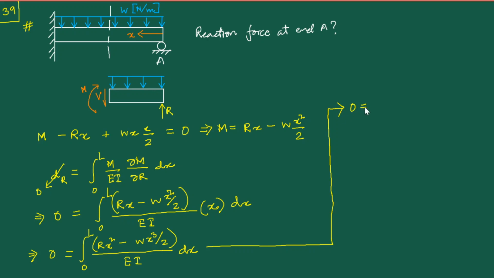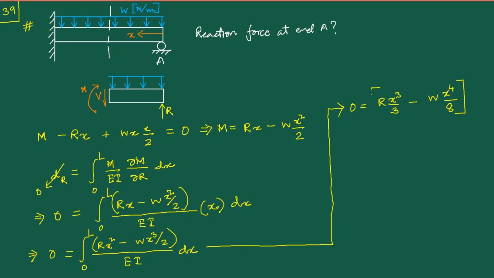This 0 is equal to, well, this EI is not going to contribute anything because I can just multiply throughout by EI. So this is just R x cubed by 3 minus W x to the power 4 by 8.